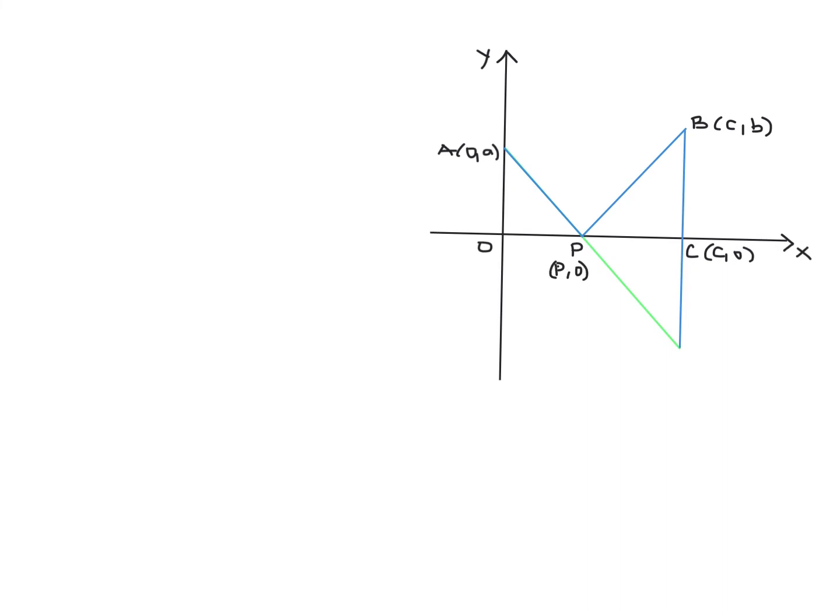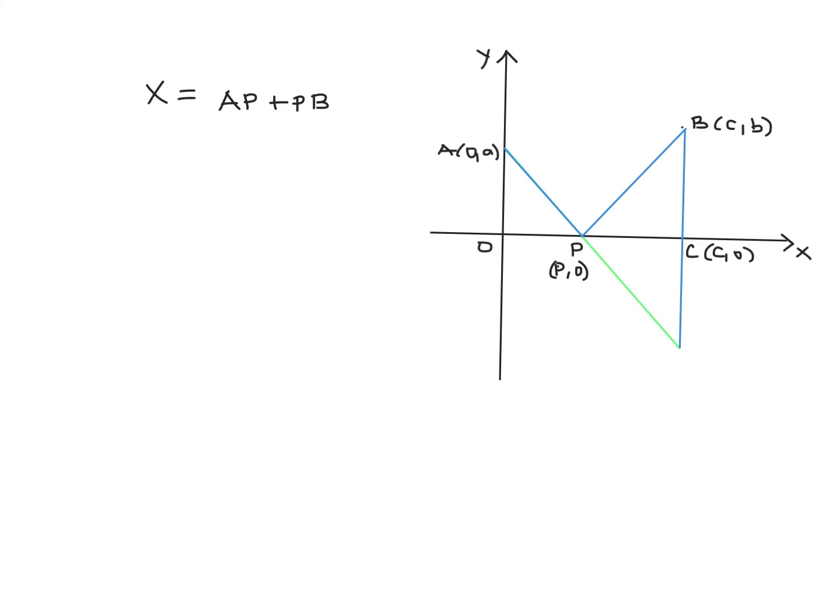Now, what they're saying is that they want you to figure out X, which is AP plus PB. A to P plus P to B. And in particular, they want you to figure out the minimum value of that. Well, what you do is you extend the line AP down to that. And really what that is, you've reflected this B in the x-axis.